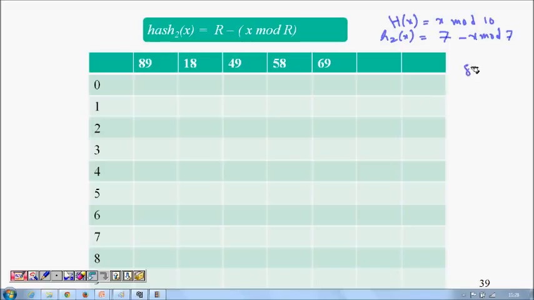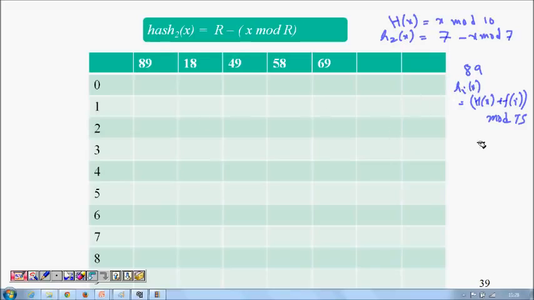Let's insert 89. We know it is h(x) plus f(i) mod table size, and f(0) is 0. That's the strategy for closed hashing.